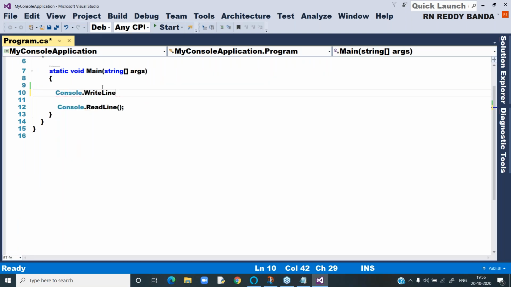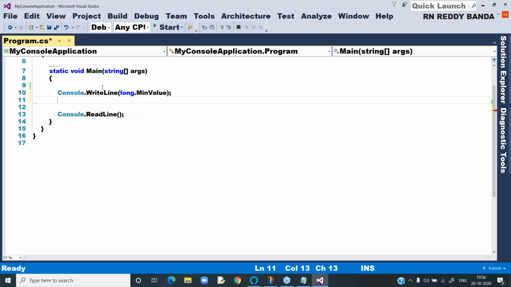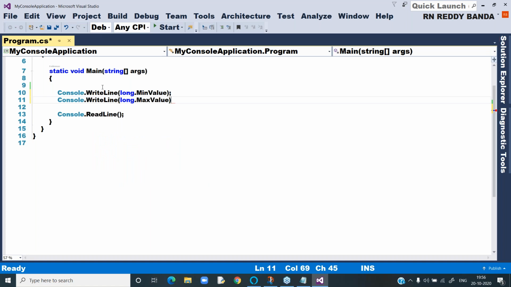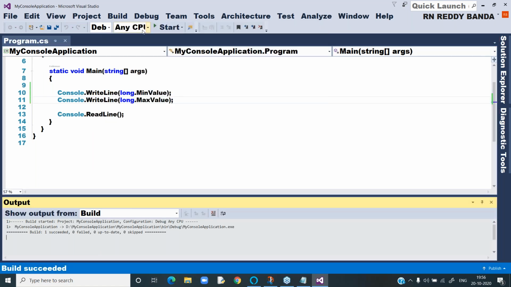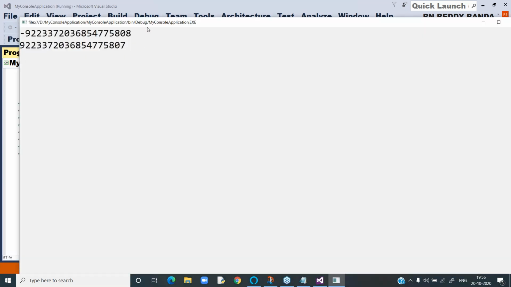Console.WriteLine(long.MinValue), next Console.WriteLine(long.MaxValue). long.MinValue, long.MaxValue, like this.